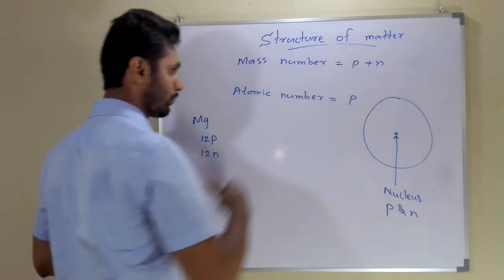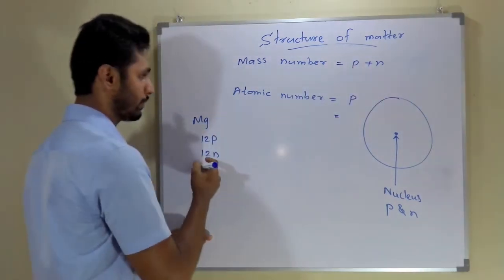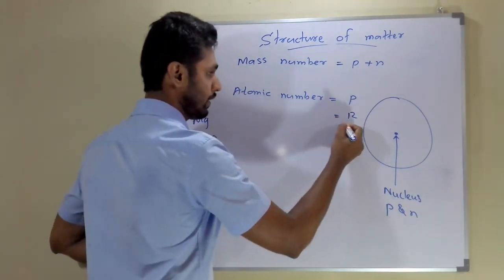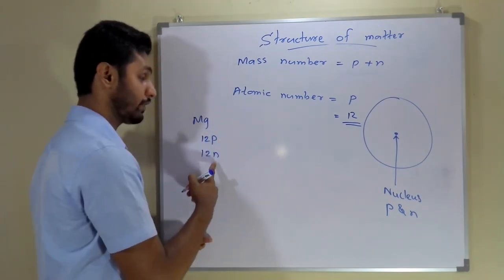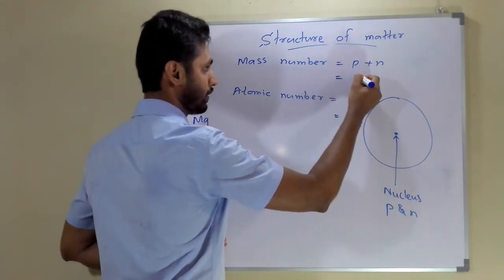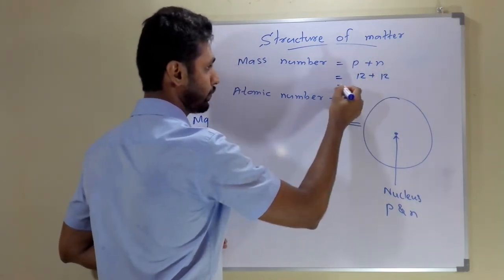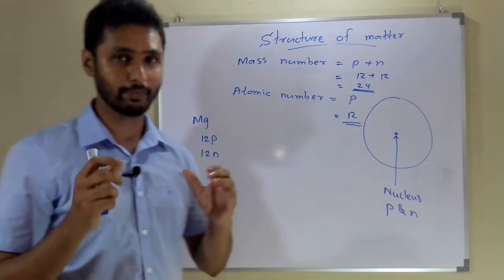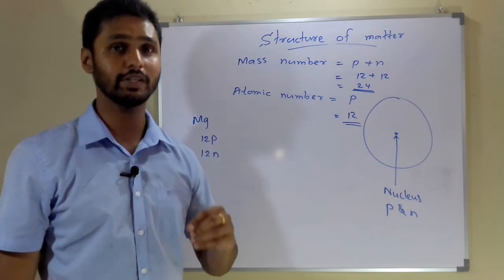You can use these two formulas. Then I will first explain about the atomic number. Atomic number is equal to the number of protons, that is 12, and mass number is equal to the protons and neutrons, 12 plus 12. It gives 24 value. Then the mass number of magnesium atom is 24. Atomic number of magnesium atom is 12.